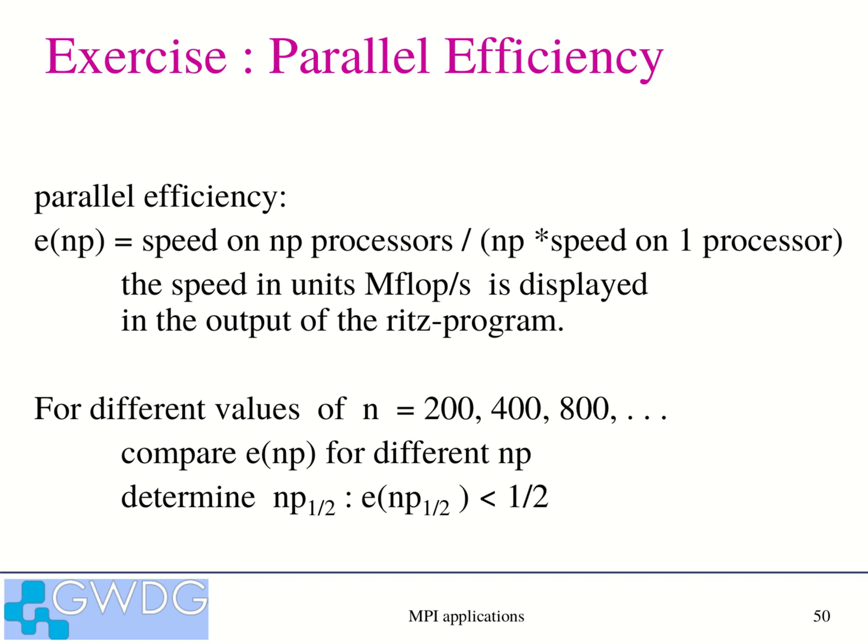So if you start with one process, you get a megaflops number, and then you do it on 2 processes, and you compare the time on one process by the number of processes times the time on 2 processes, and if this is smaller than 1, you see that the efficiency is smaller than 1, and you can increase the number of processes and compare the time on one process divided by the time on n processes times n, the number of processes.